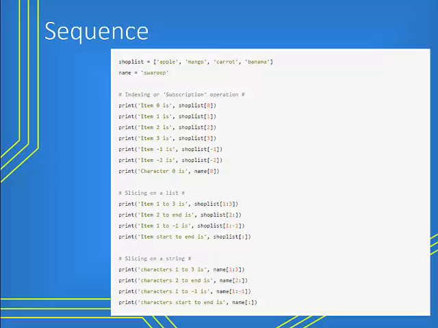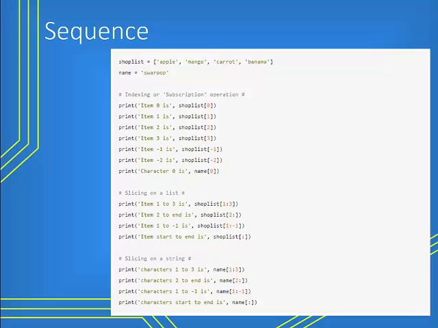First, we see how to use indexes to get individual items of a sequence. This is also referred to as the subscription operation. Whenever you specify a number to a sequence within square brackets, as shown here, Python will fetch you the item corresponding to that position in the sequence. Remember that Python starts counting numbers from 0.